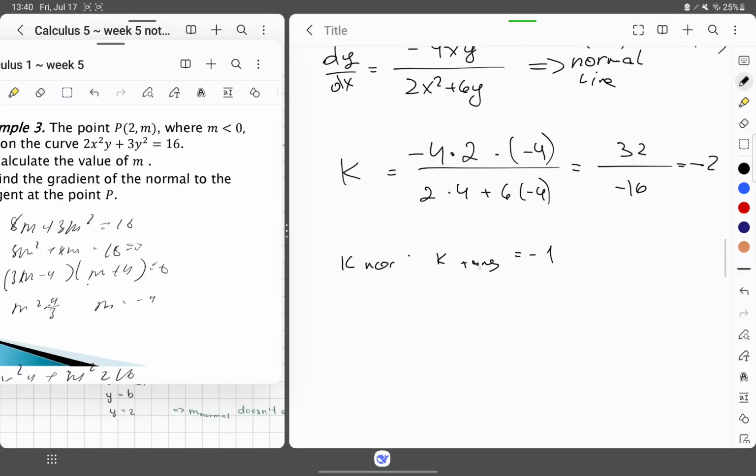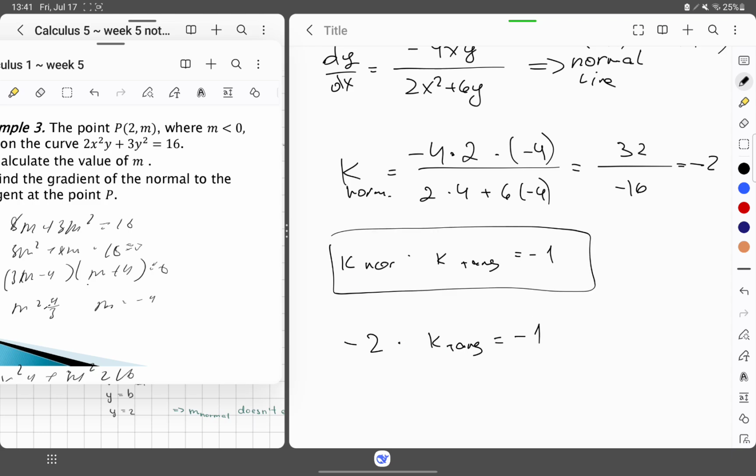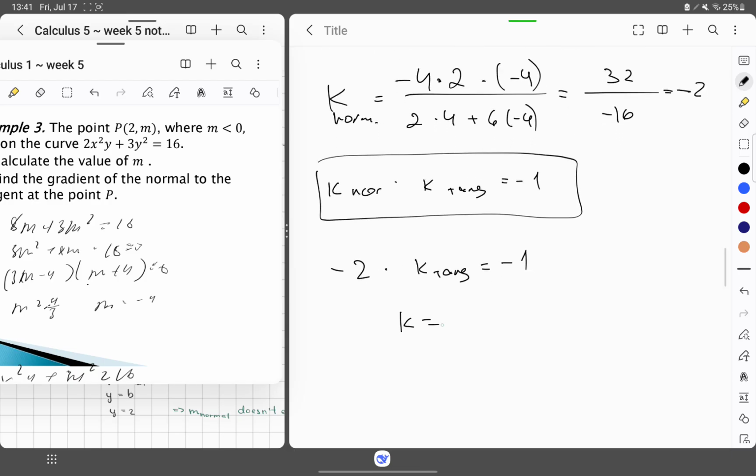So k normal times k tangent will be negative 1. k normal is negative 2 times k tangential will be negative 1, so our k will be 1 over 2.